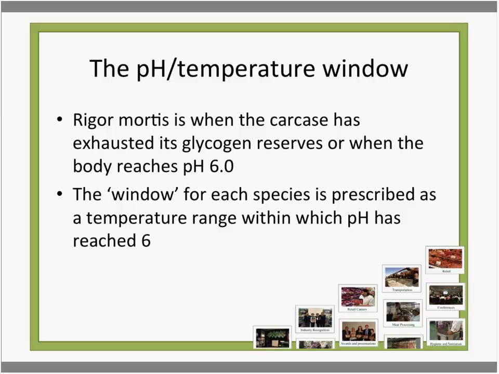That rigor mortis is known as when the animal has used all of its energy or glycogen reserves and is no longer producing anabolic function. So the window, dependent on the species we're talking about, has different temperature ranges.